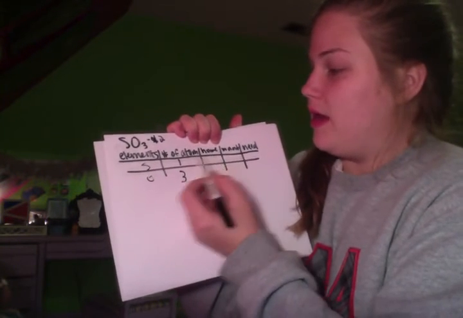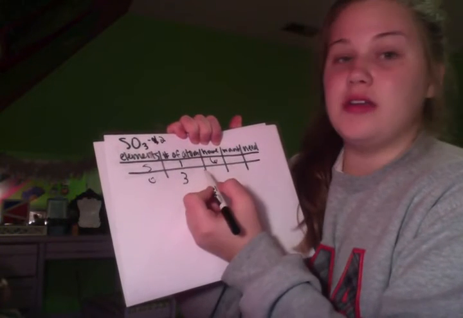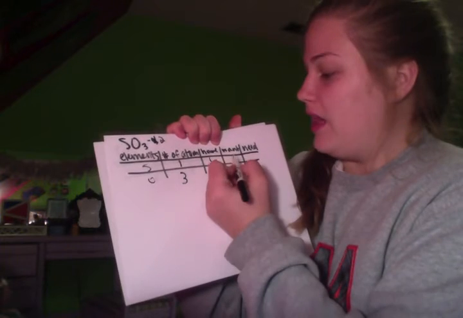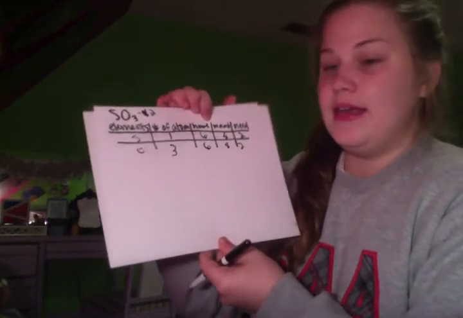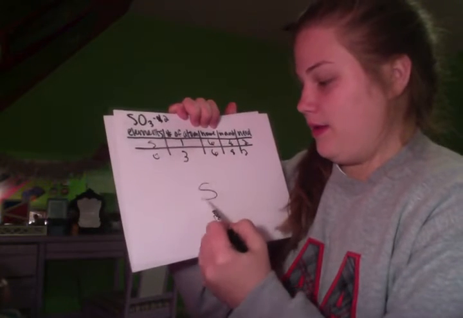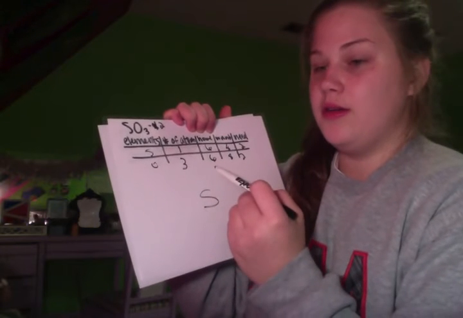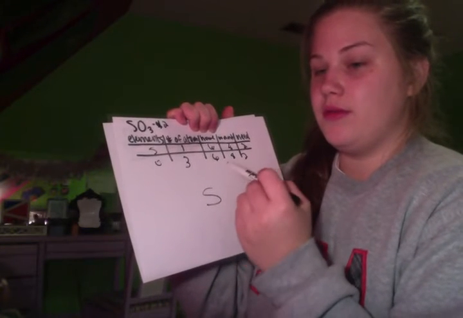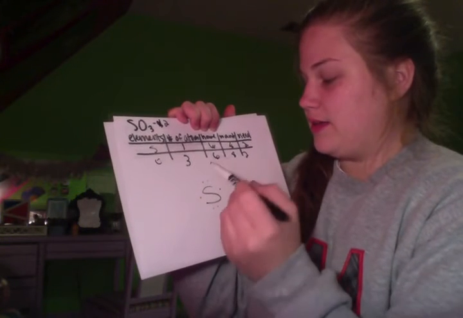And then S has 6 electrons, and so does oxygen. They both want 8, and so they both need 2. And so you put S, 1, 2, 3, 4, 5, 6.